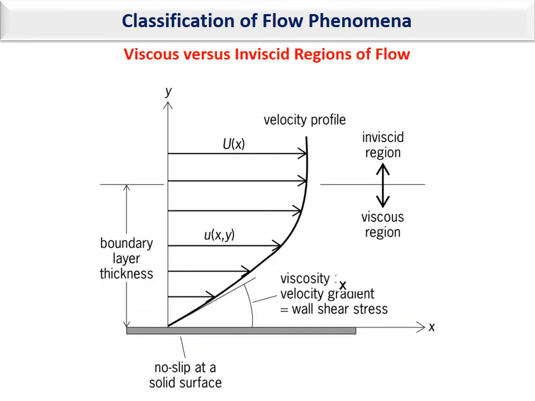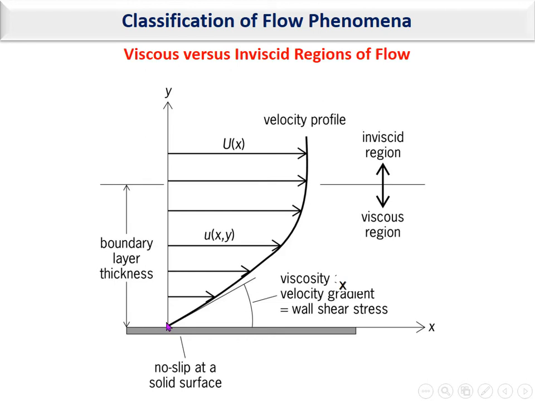I show here the viscous and inviscid region on the airfoil shown in the previous slide, in more detail. Consider this as a surface. The surface may be an airfoil or a flat plate or anything else. As I discussed before, the velocity at the surface is 0. What was the name of this condition? Yes, it was the no slip condition.